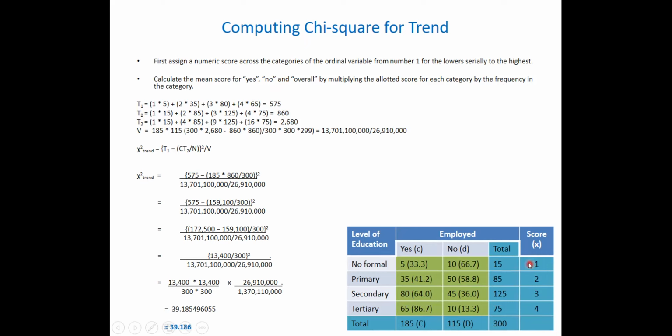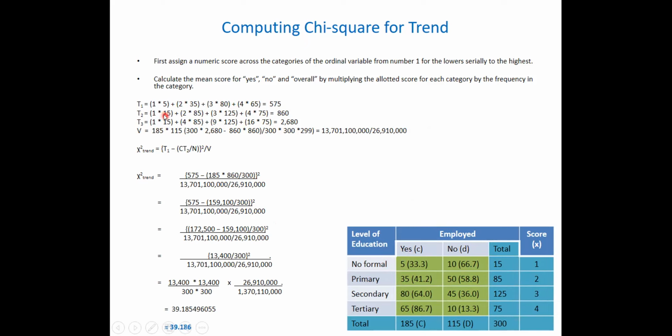So what it does is to multiply. Look at category 1, which is no formal education. The score there is 1, times the frequency 5, plus 2 times 35 for the primary, plus 3 times 80 for the secondary, plus 4 times this, and it gives you this.